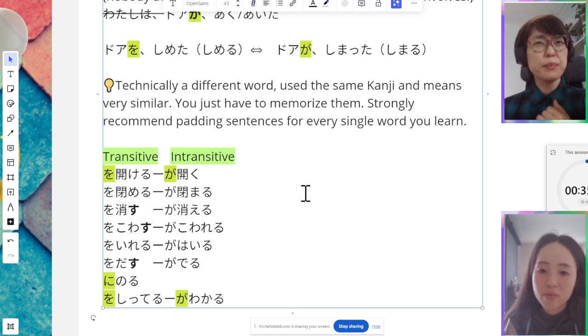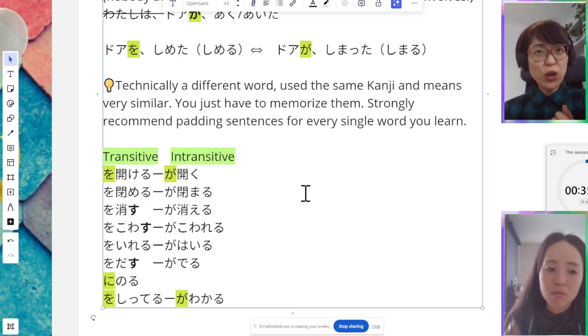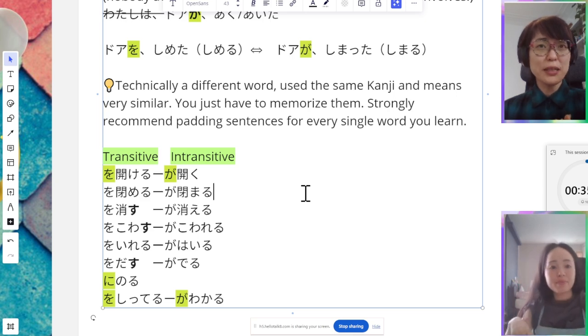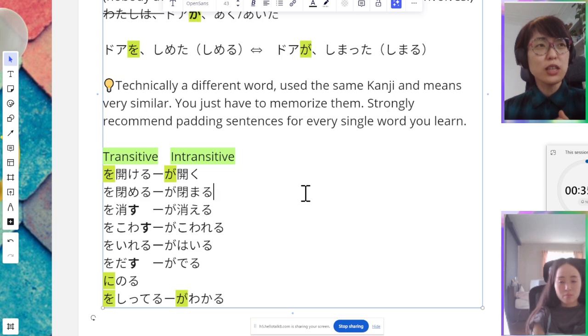Okay, a difficult point here: in informal speech, the O particle is often dropped. So if you watch anime, or Japanese content like comedy or dramas, you might not hear all the particles. That's very challenging. They're going to say 日本語知ってる、英語知らない.